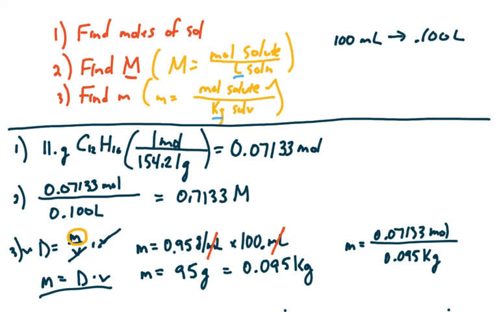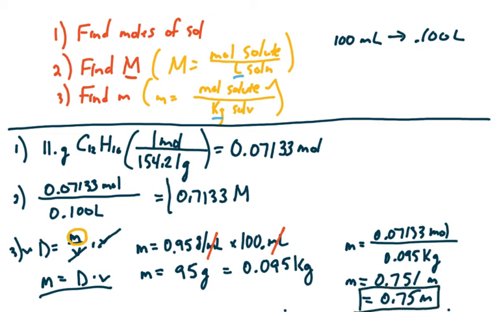And when I put this into the calculator, I get, and it's going to be rounded to, they say, 2 significant digits. So my calculator answer is 0.751 molal, and my rounded answer would be 0.75 molal. That's how you would report that answer.